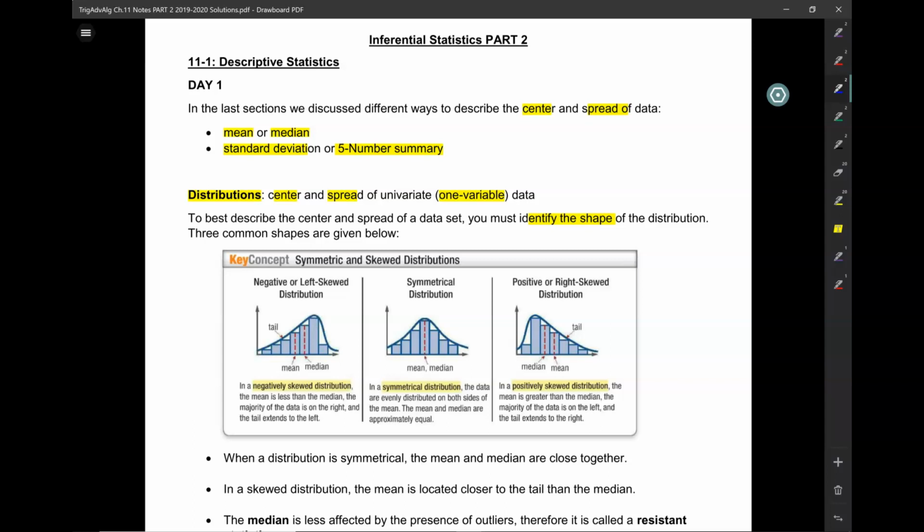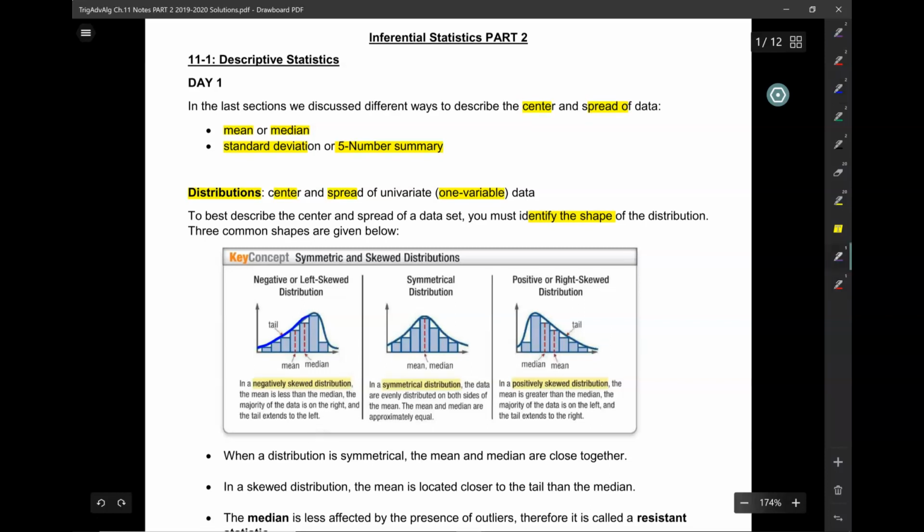In fact, there is a part here that sort of trails off. We call that the tail of the distribution. And you can see here the tail of the distribution is on the left-hand side. So this is called a negatively skewed distribution or a left skewed distribution.